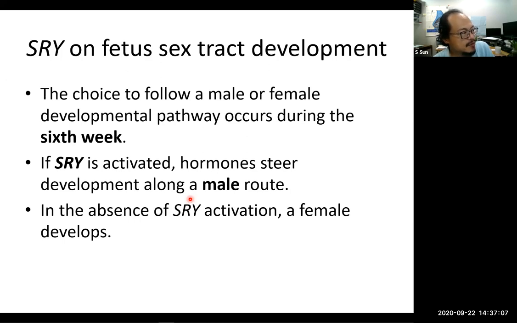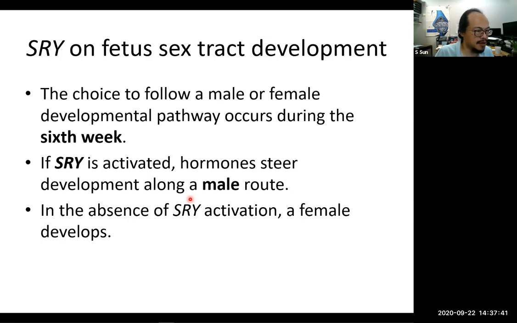Before 6 weeks, say 5 weeks, the sex structure is not shown yet. It's not clear yet. But by 6 weeks, SRY becomes important. SRY will develop the male sex organ, like the penis, right? If there's no SRY, then the infant will by default develop into the female structure.